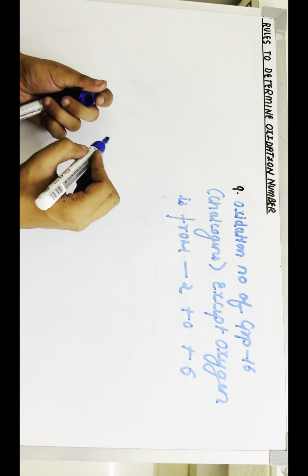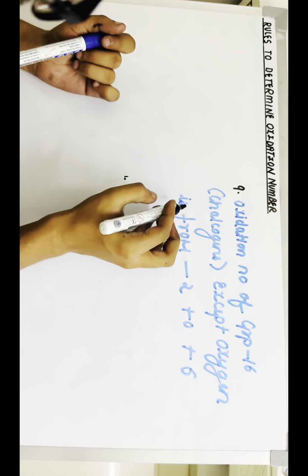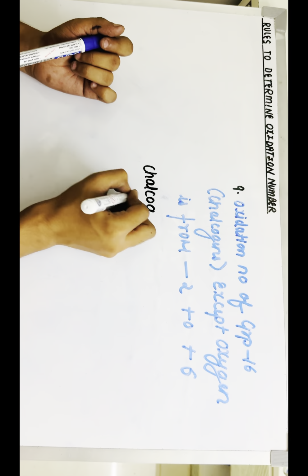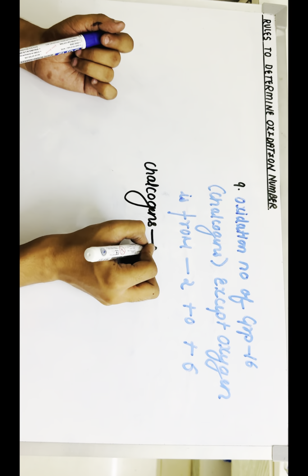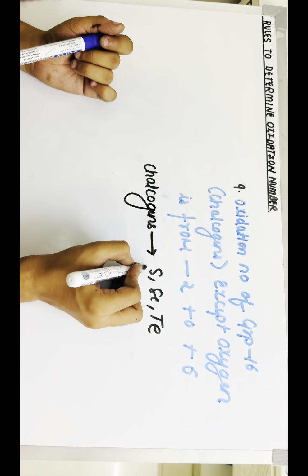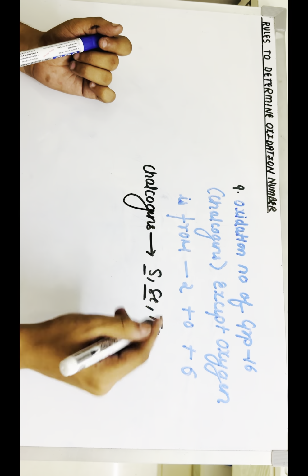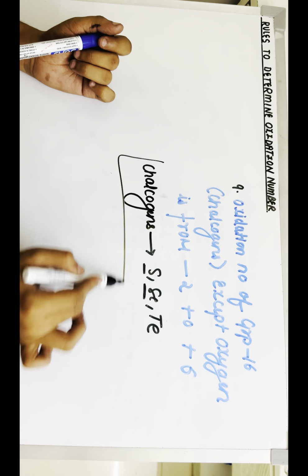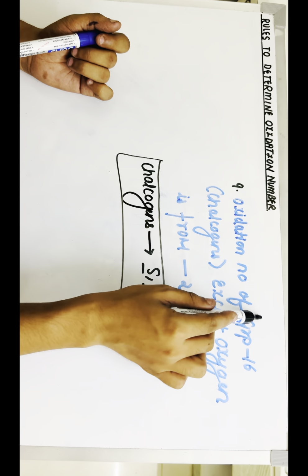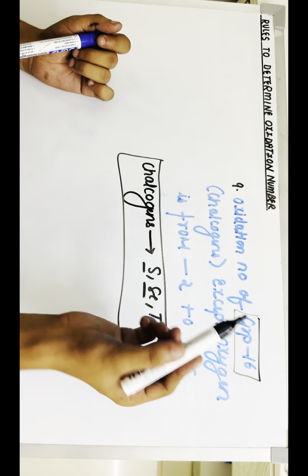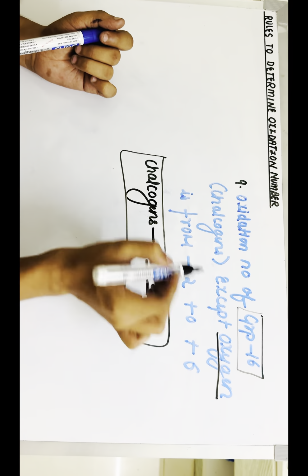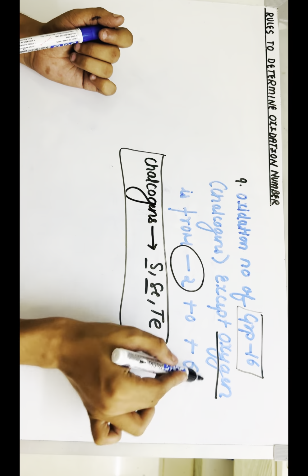If you know what the chalcogens are, let me write them: S, Se, Te, sulfur, selenium, etc. These are the chalcogens in the periodic table, and the chalcogen group is group 16, and the oxidation number of chalcogens except oxygen is from -2 to +6.